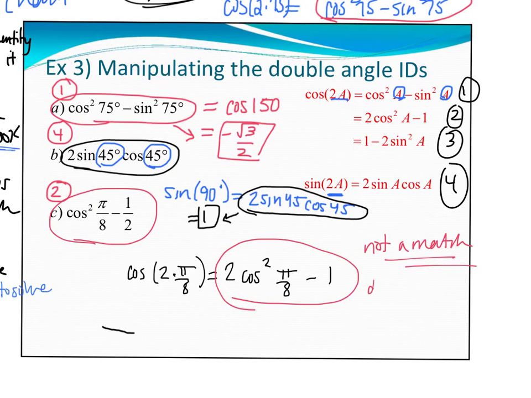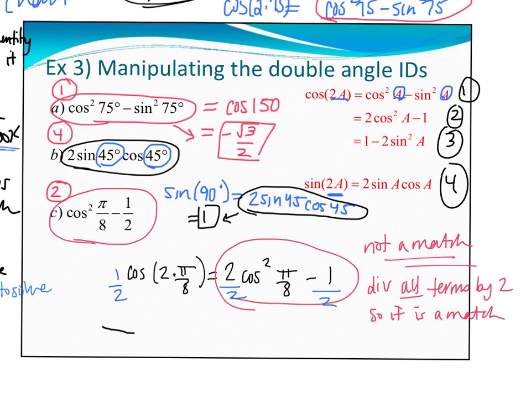So I'm going to divide all terms by 2 so it is a match. I'm going to divide this by 2, I'm going to divide the 1 by 2, and I'm going to divide my cosine expression by 2.